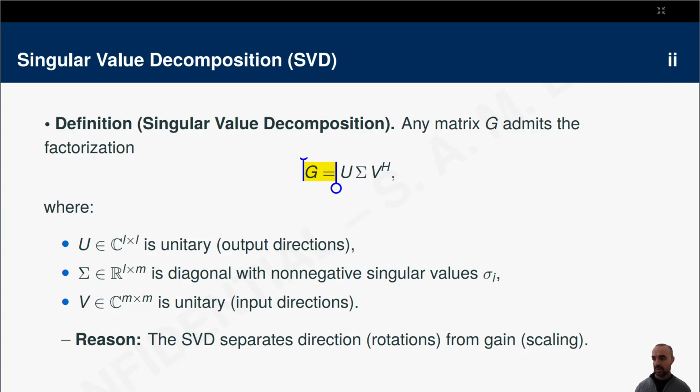V describes how you push. Sigma is how much it responds. And U is how it shows up at sensors.